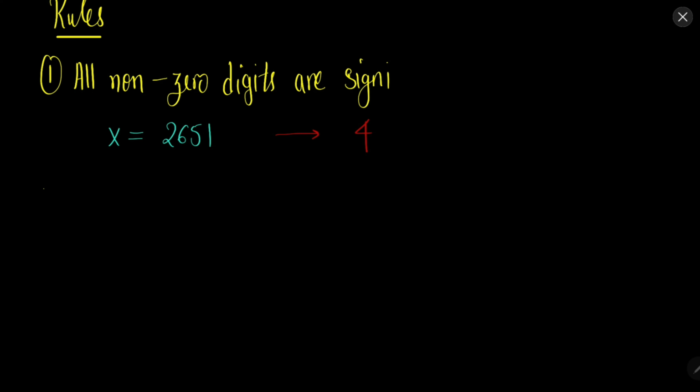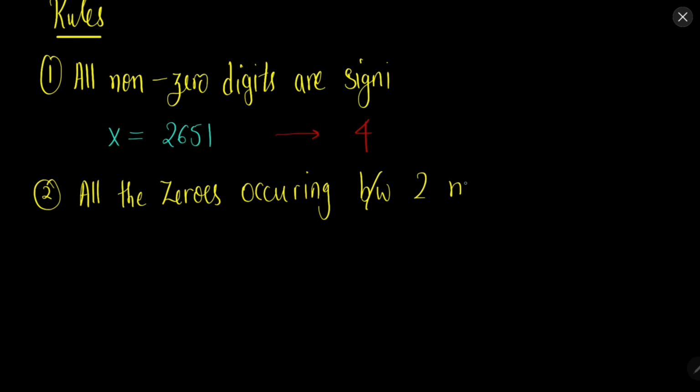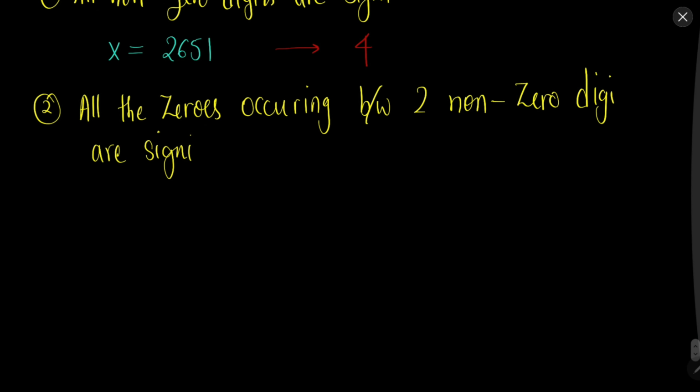The second rule is: all the zeros occurring between two non-zero digits are significant. Let's take one example.